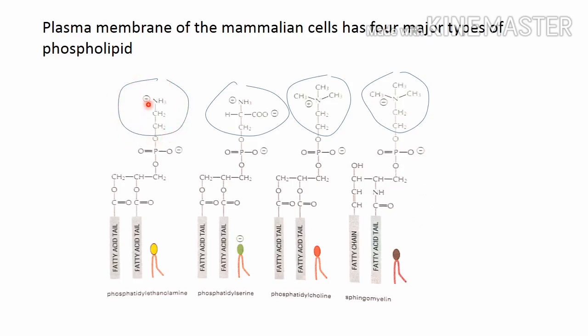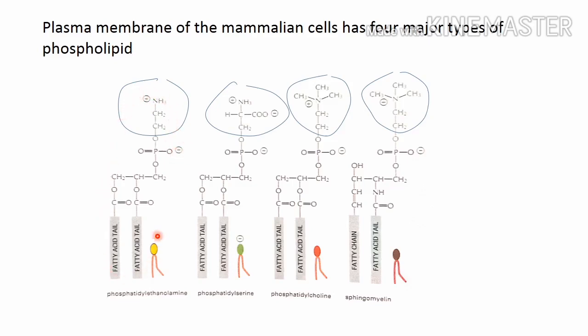Here this is the phosphatidyl ethanolamine, and at the biological pH or at pH 7, 1 plus and 1 minus equals 0.